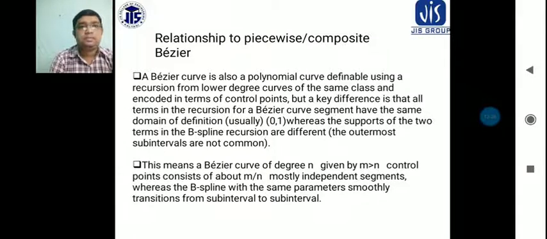This means a Bezier curve of degree n given by m control points, where m is greater than n, consists of about m by n mostly independent segments, whereas B-splines with the same parameters transition smoothly from sub-interval to sub-interval.